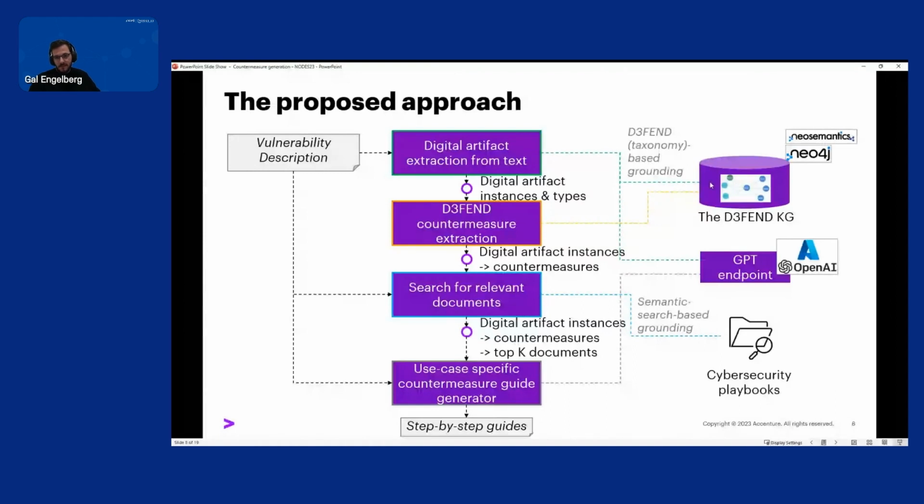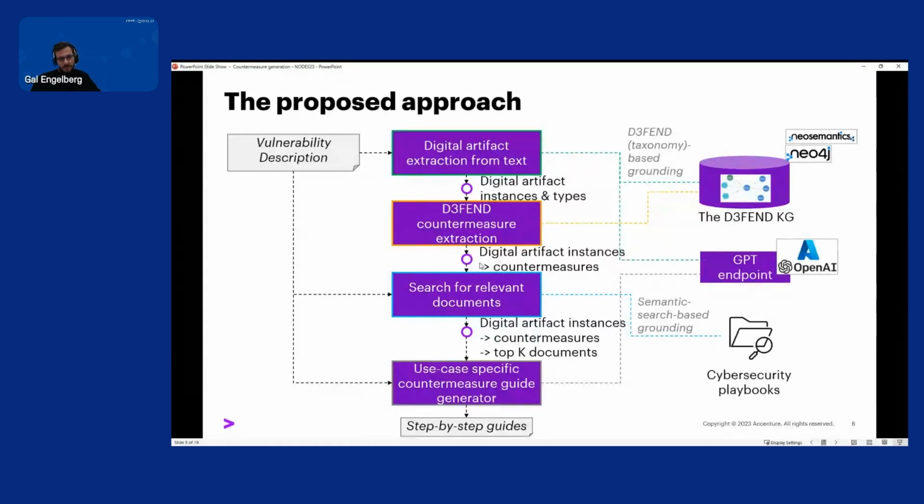We represent the Defend Knowledge Graph via Neo4j using the NeoSemantics library. Okay, and then we use elements extracted from the Defend Knowledge Graph to ground the prompts within this task. Then we use again the Defend Knowledge Graph representation within Neo4j in order to extract the corresponding countermeasures for each digital artifact instance.